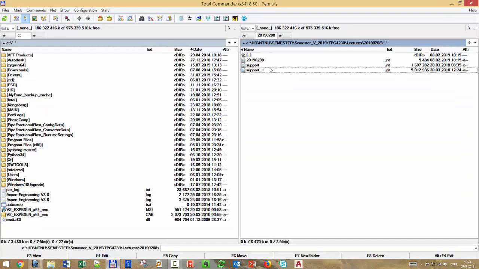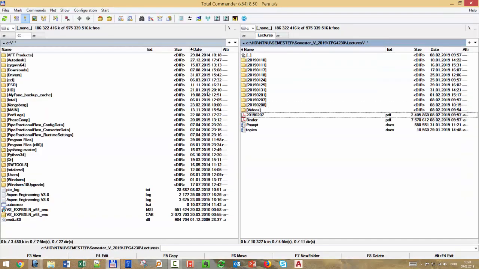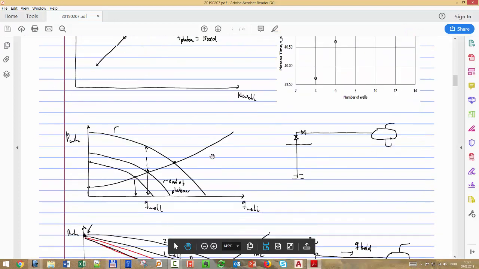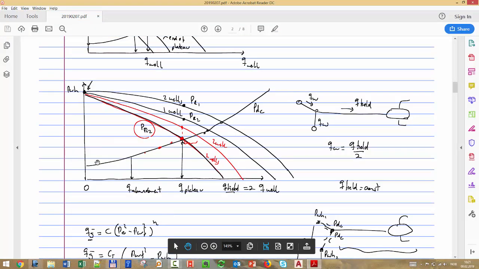First, I want to say also there was a small mistake in the class from yesterday. When we are making this plot, we should use the rate that is not going to change. In this case, the field rate, that's the one that doesn't change.